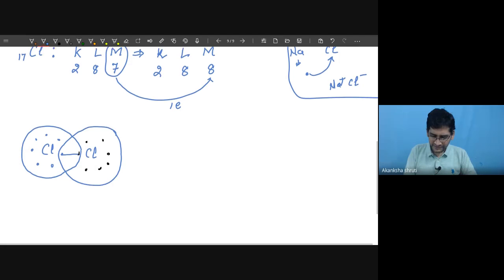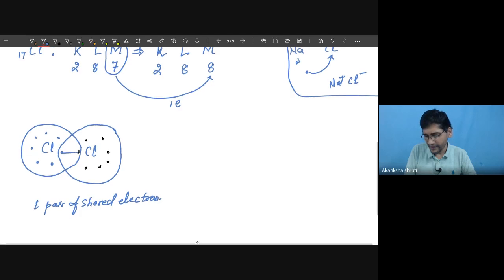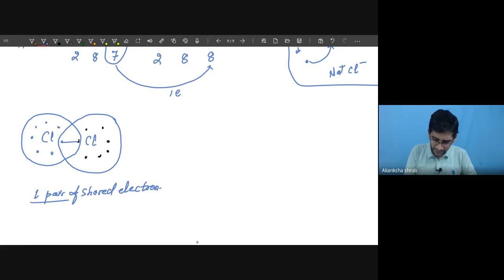So we observe only one pair of electrons is shared, one pair or 2 electrons in the shared region.